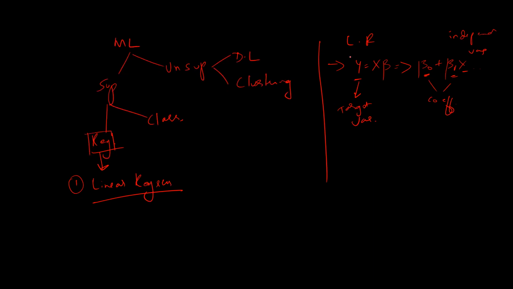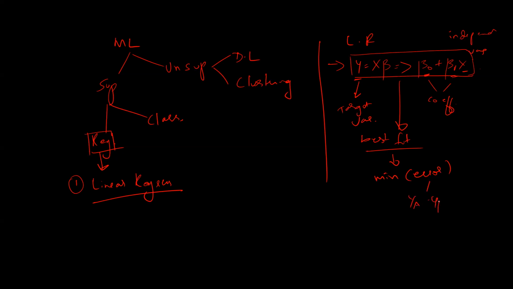And we discussed optimizing this equation to get a best fit curve by minimizing the error. Error is given by actual minus predicted, whereas the prediction is through this equation, through this model.